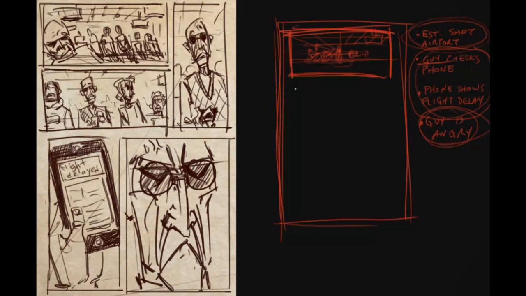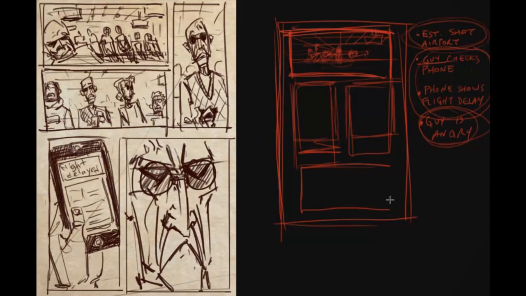Then I think what you can do is have 2 shots. And maybe this could even be bigger, this establishing shot. But you could have 2 shots, maybe like so, and then a 4th shot. So then when you read it like this Z thing, you know this is the first panel, second, third, fourth.